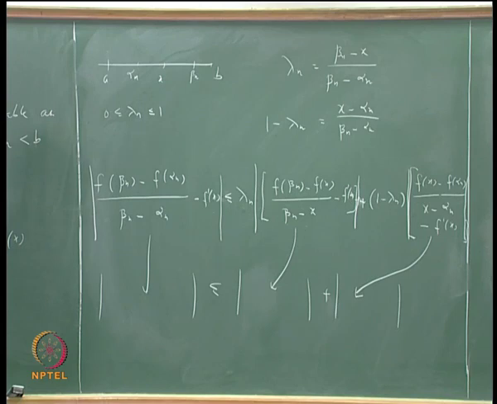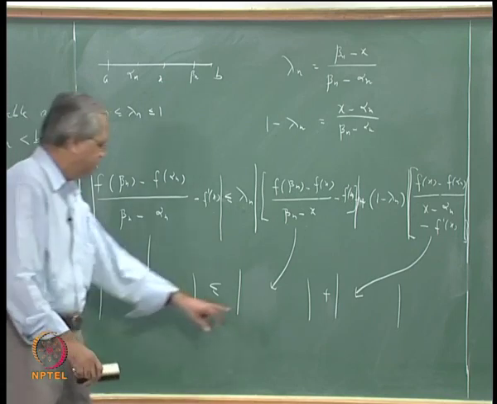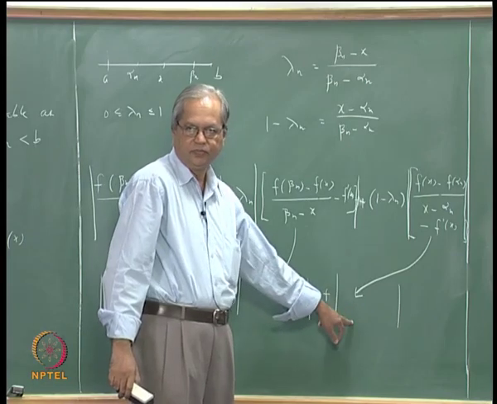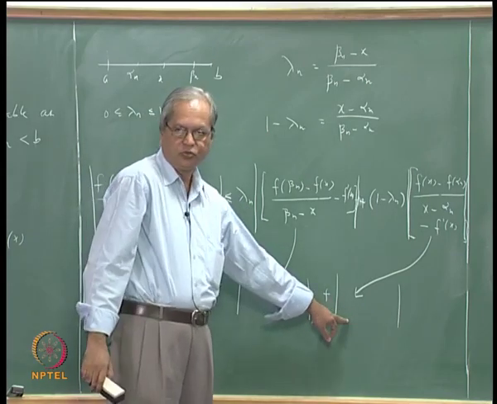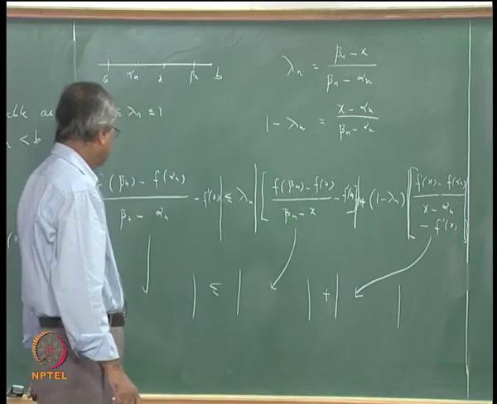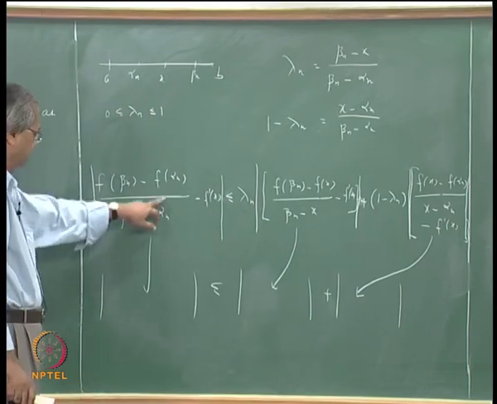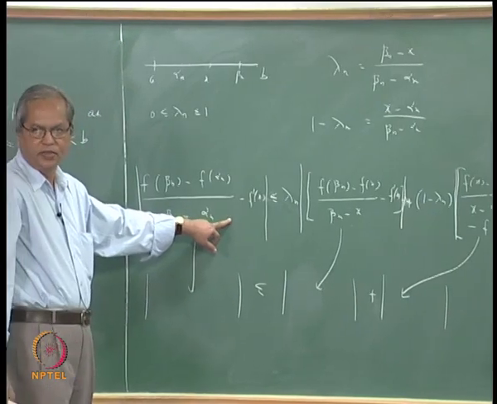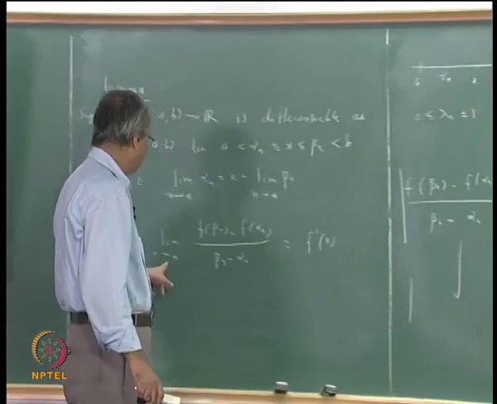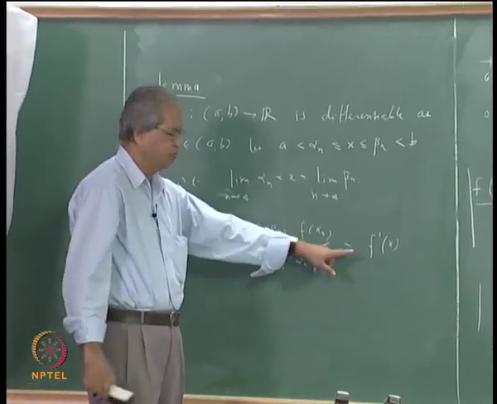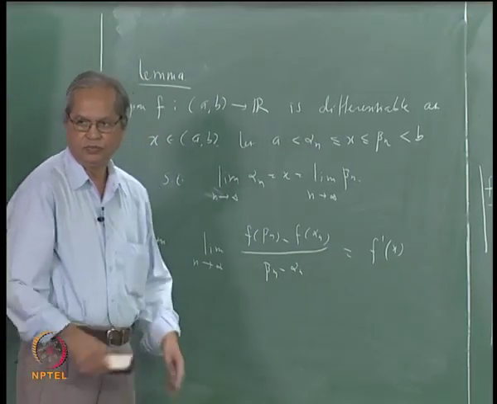Each of these is going to 0 as n goes to infinity, this also goes to 0 and this also goes to 0, and hence this quantity must also go to 0 as n goes to infinity. And that is what we wanted to prove: the limit as n tends to infinity of this is equal to f prime x.